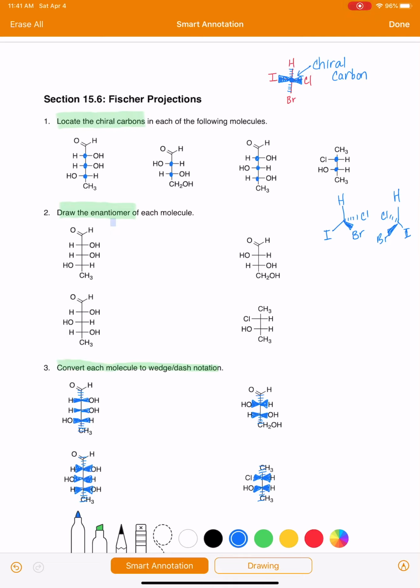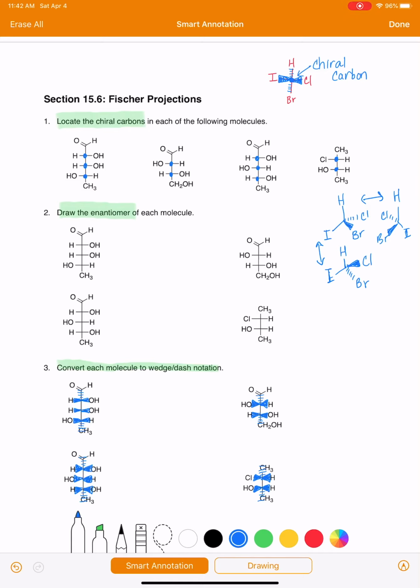The other option that you had was to leave the molecule alone, like basically reproduce it, but then after you've drawn it, convert the wedge to a dash and the dash to a wedge. So that was your other option. When you're using the standard wedge and dash notation, these are your 2 choices that you have for drawing an enantiomer, and you can use whichever one is easier for you.